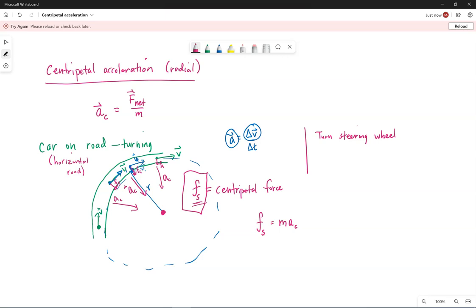In the y direction, implying mg is straight down to the center of the earth and normal force upwards, we would find that the normal force is equal to mg in this case, assuming this horizontal road. So we could plug in, that goes back.